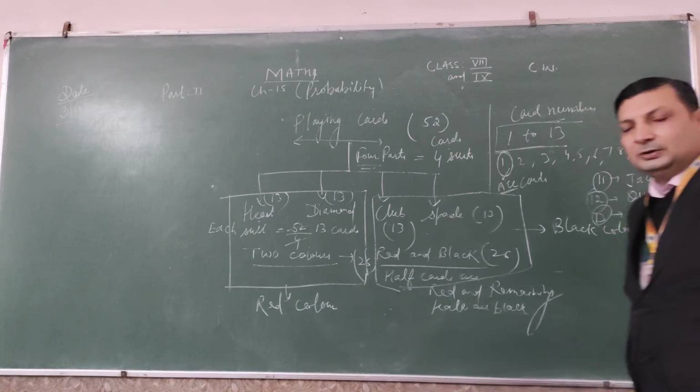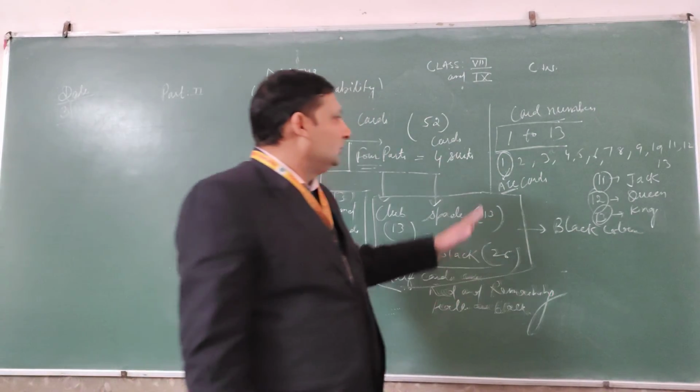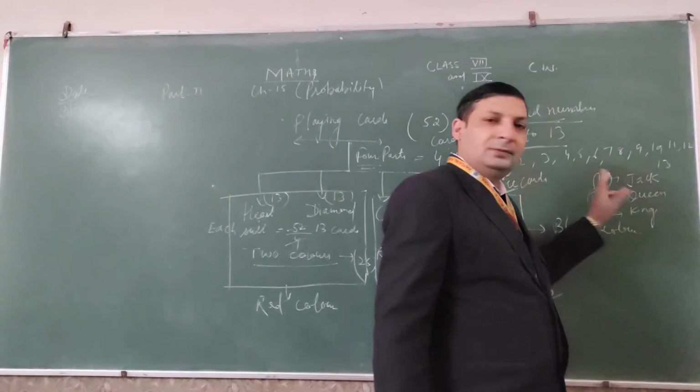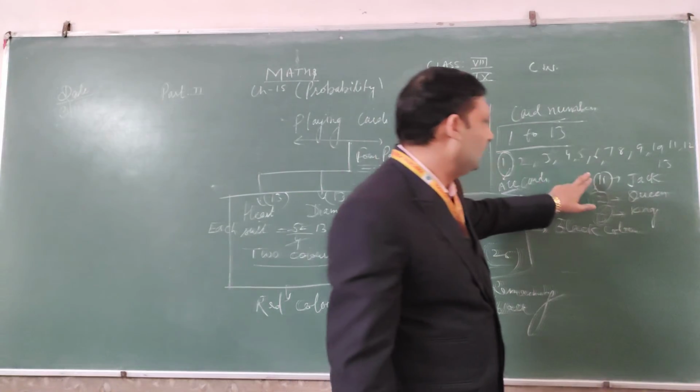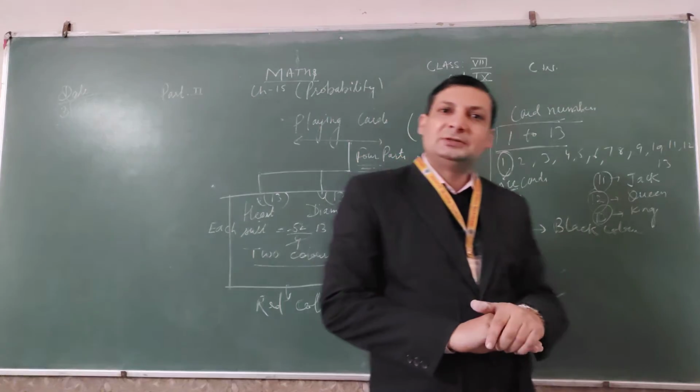So counting is given on cards 1 to 13. Particular names are given on card number 11, that is jack, queen and king, and the first card's name is ace.